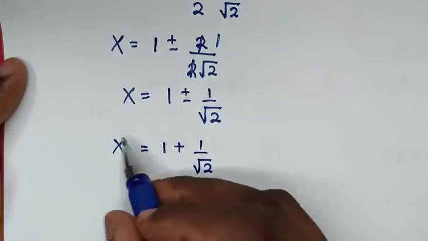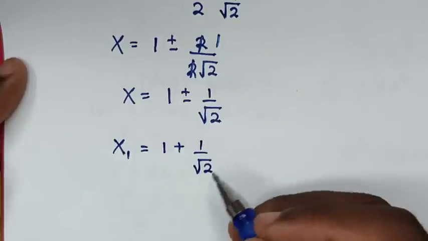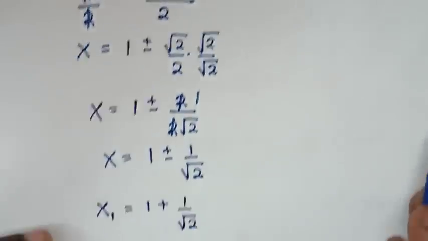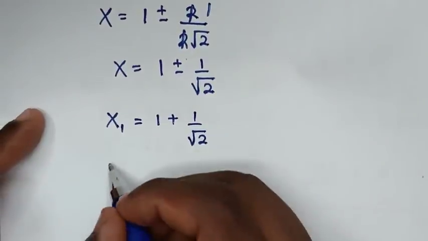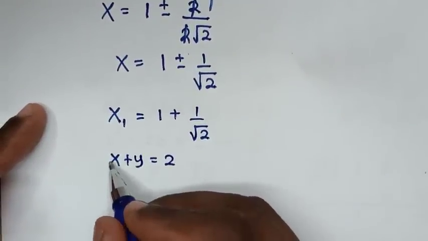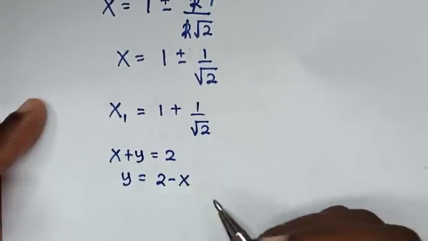Then to find the value of y from this x1, we use x plus y equals 2. To find the value of y, we take x to the other side, so y is equal to 2 minus x.